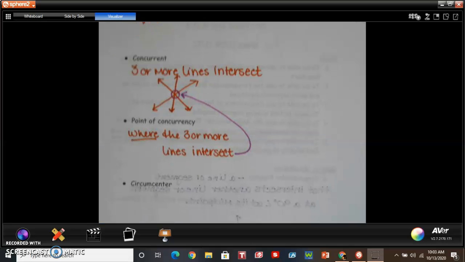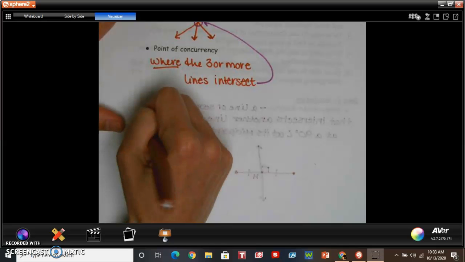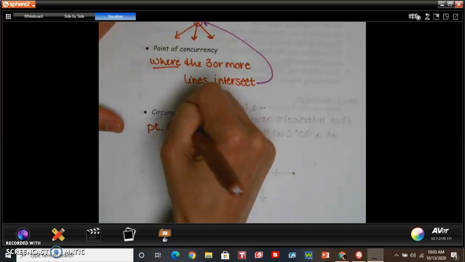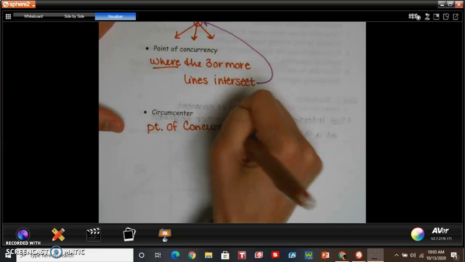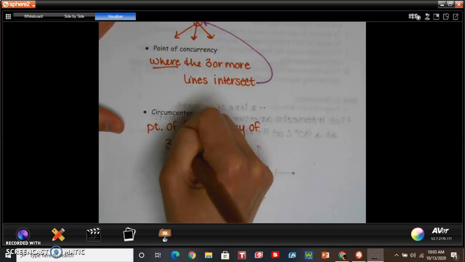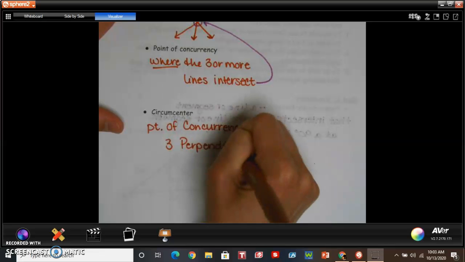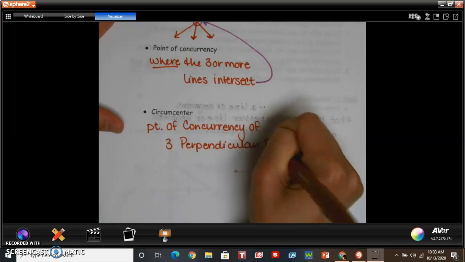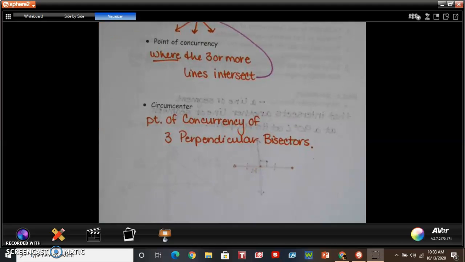All right, here we go. Circumcenter. This is the point of concurrency of 3 perpendicular bisectors. All right, so we're going to be dealing with a triangle.